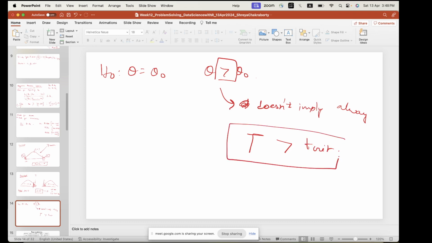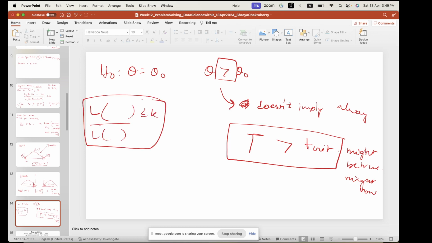This might be true, this might not be true. It will depend on the likelihood function that we are defining, and on how we are formulating this ratio, less than or equal to k. It could very well happen that I have t less than t critical as my decision rule. This is also very well possible. So just keep this in mind.